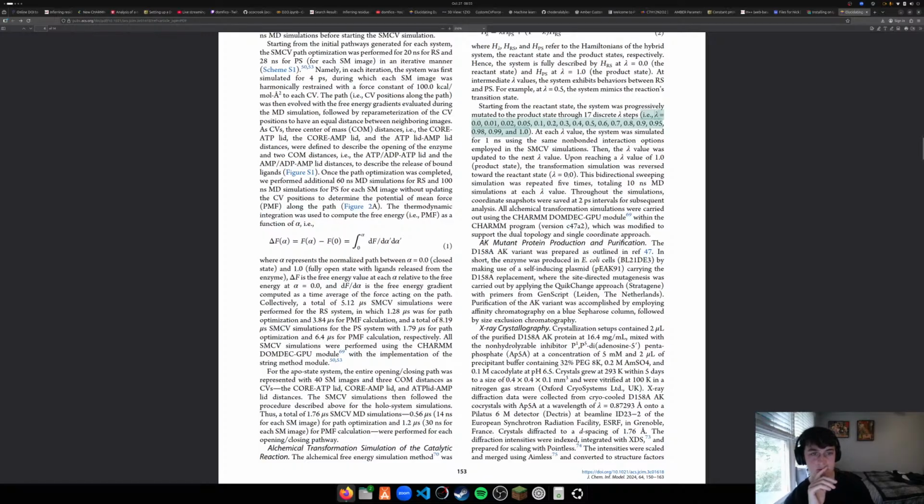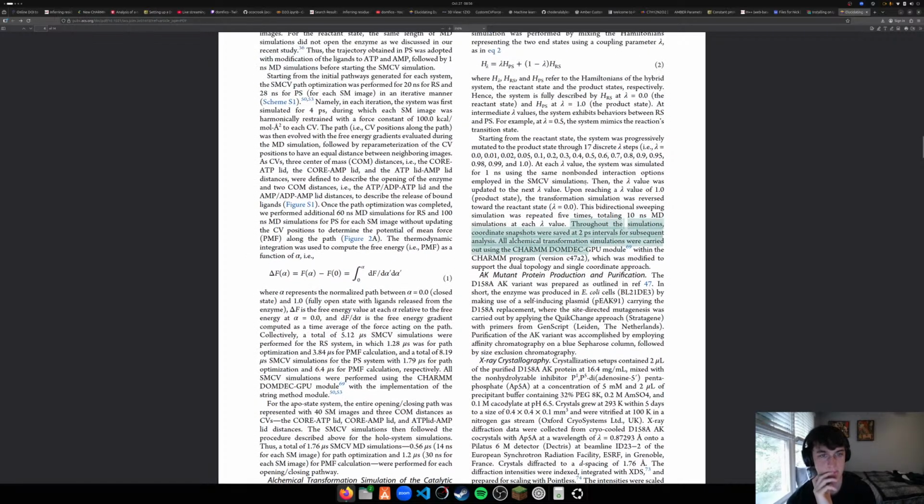So there's 17 discrete steps. Wow. The system was simulated for 1 nanosecond, five times, total of 10 nanosecond MD simulations at each. Oh, that's not crazy. 10 nanoseconds, yeah, it's not bad.